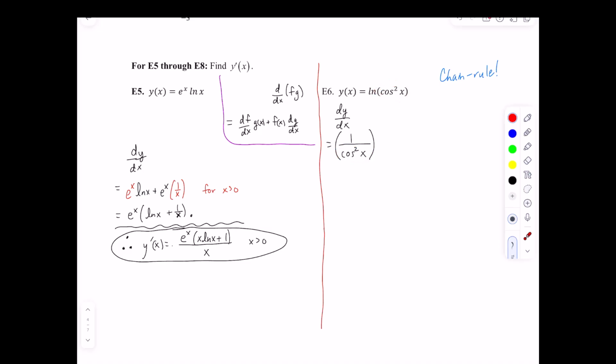So the derivative of the outside function is actually the natural log, all right? You might call it the natural log of u if you wanted to. And then you got to make sure you back substitute your u function back in, and then go ahead and take the derivative of your u function.